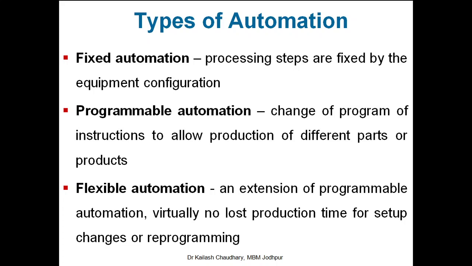The second one is programmable automation. It gives you the chance to change the program of instructions to allow production of different parts and products. So by making minor changes in the setup, you can get different parts and products. You can understand this with the example of the food industry, where the same kind of food is packed in different packs.